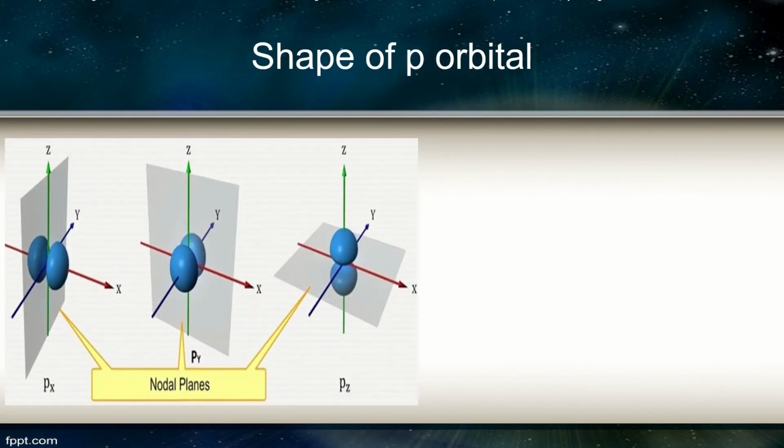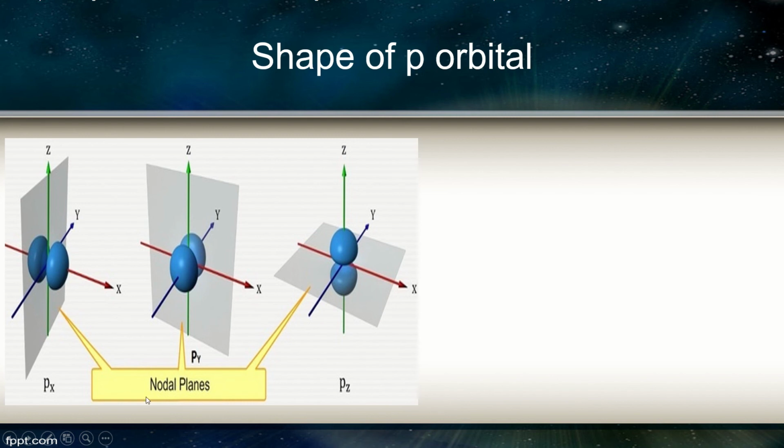Now look, these are p orbitals, px, py, and pz. Here the probability of finding an electron is in the lobes, and the space between two axes is empty space, where the probability of finding an electron on this plane is 0.